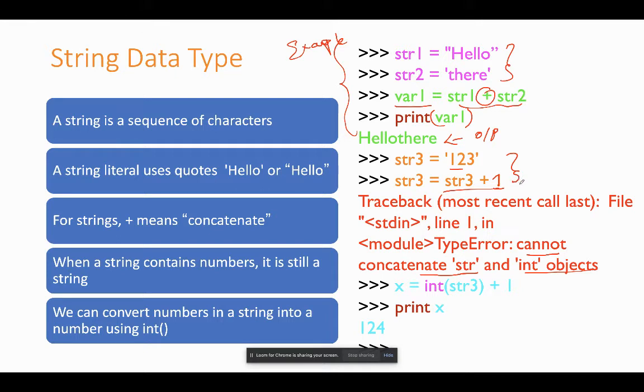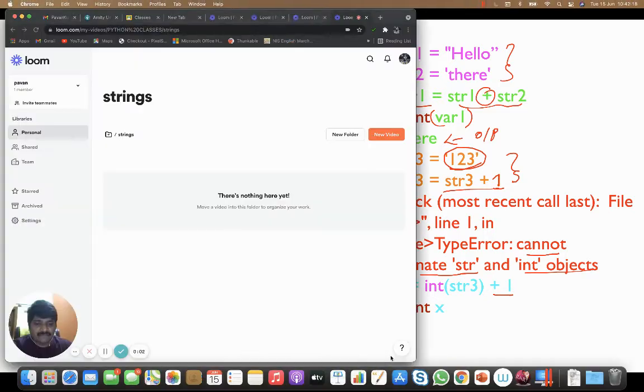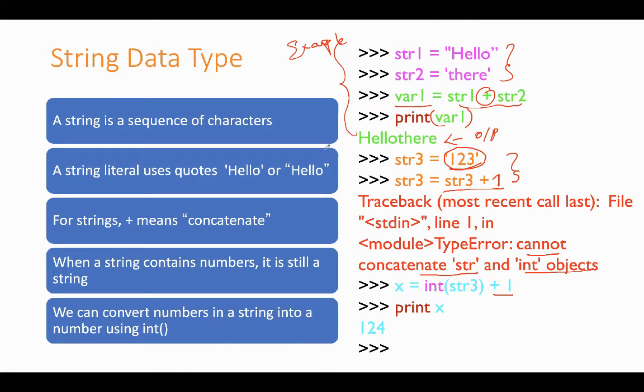To perform this operation still, what is the method we can use? x equals int of str3. What is the str3 value? It is 123, plus 1. Then you print the value of x here.